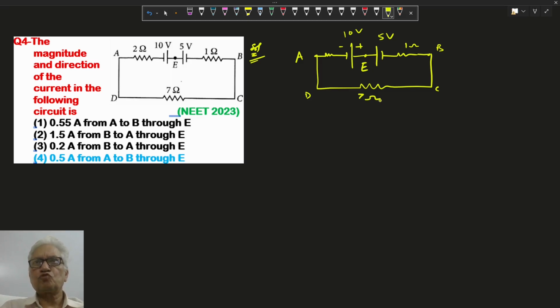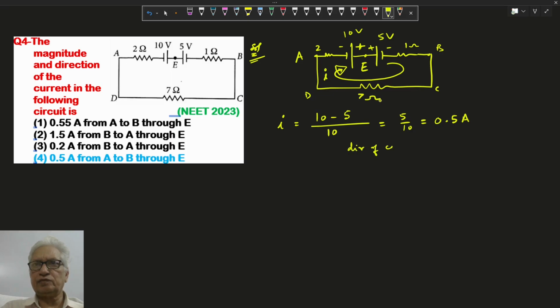So in this question, 10 volt is more than this 5, so the current will be in the clockwise direction, I. So we can find here I. Total voltage is 10 minus 5, and the total resistance here is 2 plus 1 plus 7, that is 10. So 5 by 10 means 0.5 ampere, and the direction of current will be from A to B. The numerical value is 5.